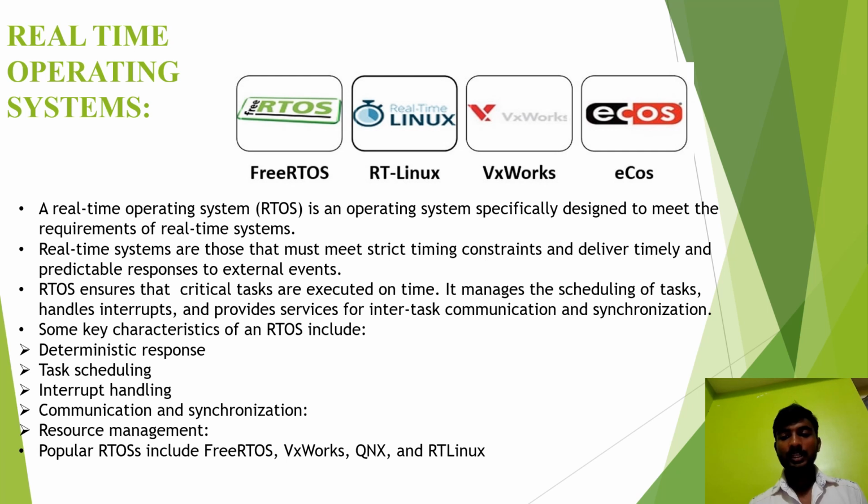It manages the scheduling of tasks, handles interrupts, and provides services for inter-task communication and synchronization. Some key characteristics of a real-time operating system: deterministic response, task scheduling, interrupt handling, communication and synchronization, resource management. The popular real-time operating systems are FreeRTOS, VxWorks, QNX, and RT Linux.